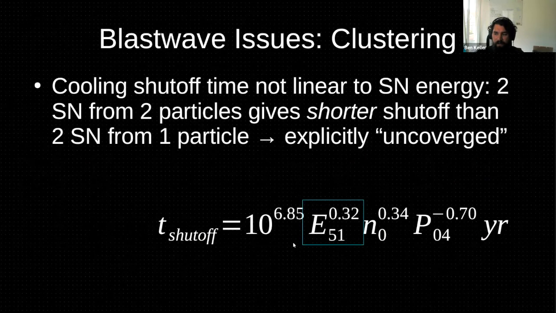For one thing, this shutoff time is calculated instantaneously when feedback's injected. And because it depends non-linearly, it doesn't go as the supernova energy to the power of 1, but to the power of 0.32. It means that if you have the same amount of energy being injected by one particle versus two particles, you'll calculate different cooling shutoff times. So in other words, it's kind of explicitly unconverged.